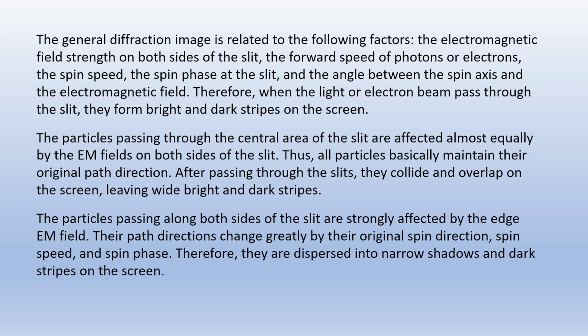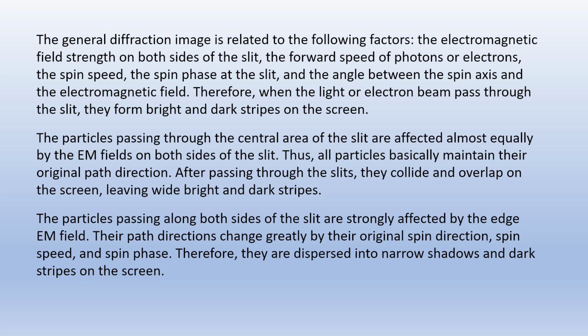The particles passing through the central area of the slit are affected almost equally by the EM fields on both sides of the slit. Thus, all particles basically maintain their original path direction. After passing through the slit, they collide and overlap on the screen, leaving wide bright and dark stripes.